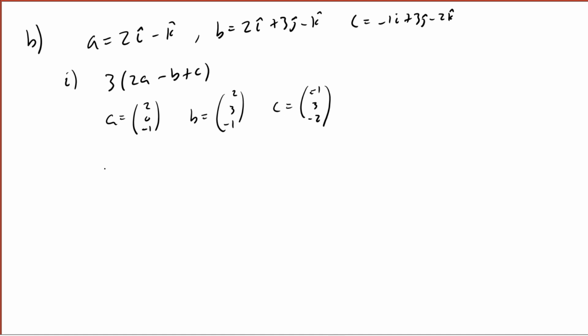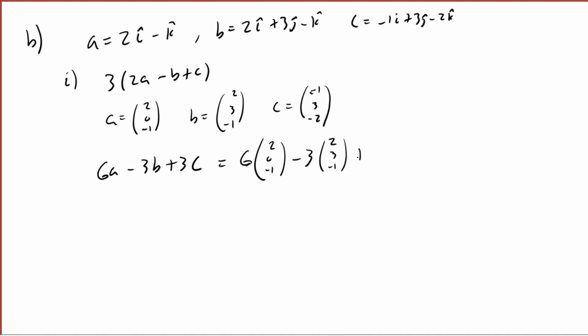Okay, so this is going to be 6A minus 3B plus 3C. So that's 6 times 2, 0, minus 1, minus 3 times 2, 3, minus 1, plus 3 times minus 1, 3, minus 2.